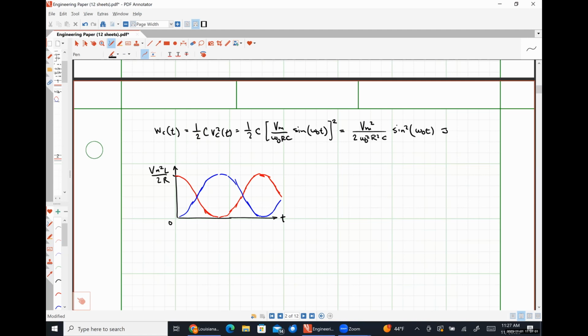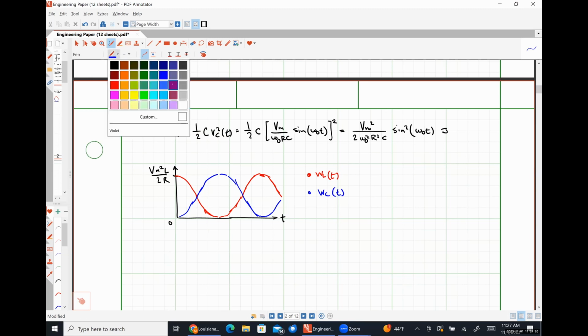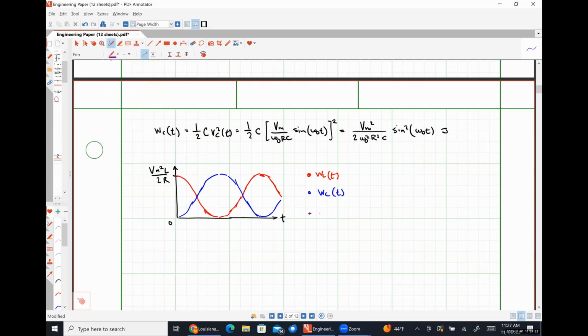So if I put this legend here, where this is WL as a function of time, and this as WC as a function of time, this purple curve will be WS, where that's just stored energy, and that's going to be WL plus WC, and it should look perfectly constant.